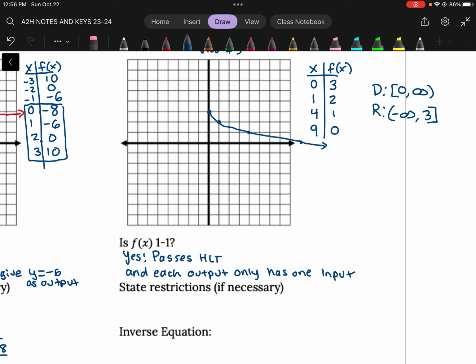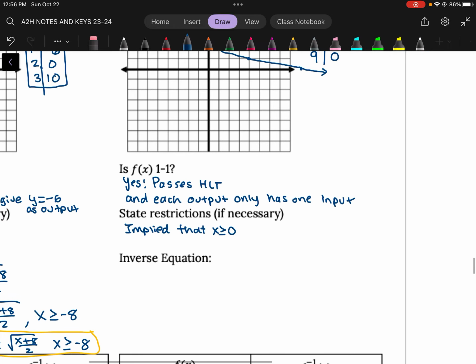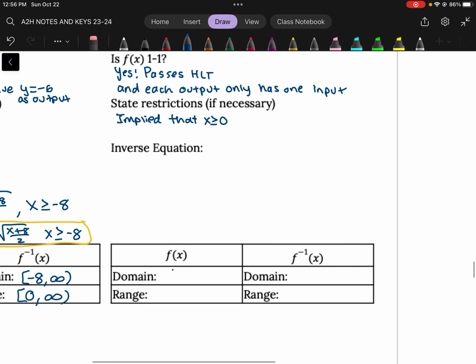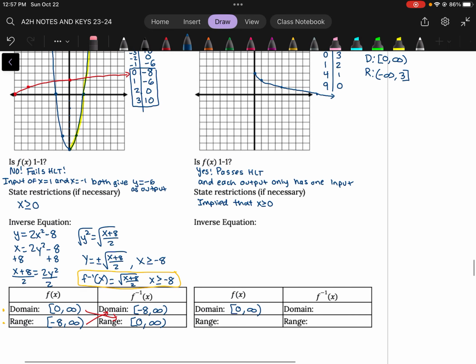Now, restrictions are not required, right? It's sort of implied that x is greater than or equal to 0 as part of the domain, right? So I'm going to go down here and just fill in my domain and range really quick.